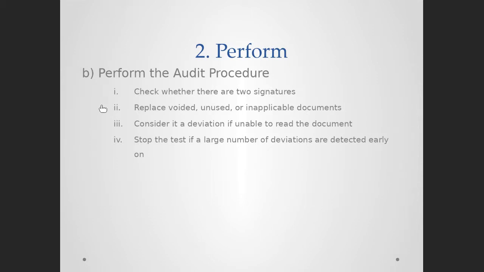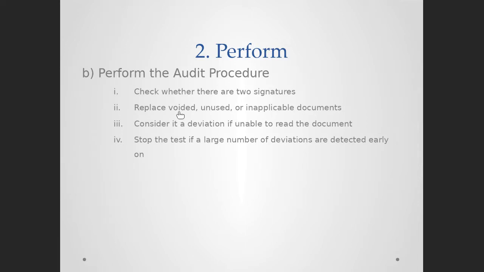Now, there are some other details when you're performing the audit procedure that you should keep in mind, because these situations would come up. The first here is replace voided documents. Let's say you take a check that they started to use and they made a mistake and did not complete. They voided that document.